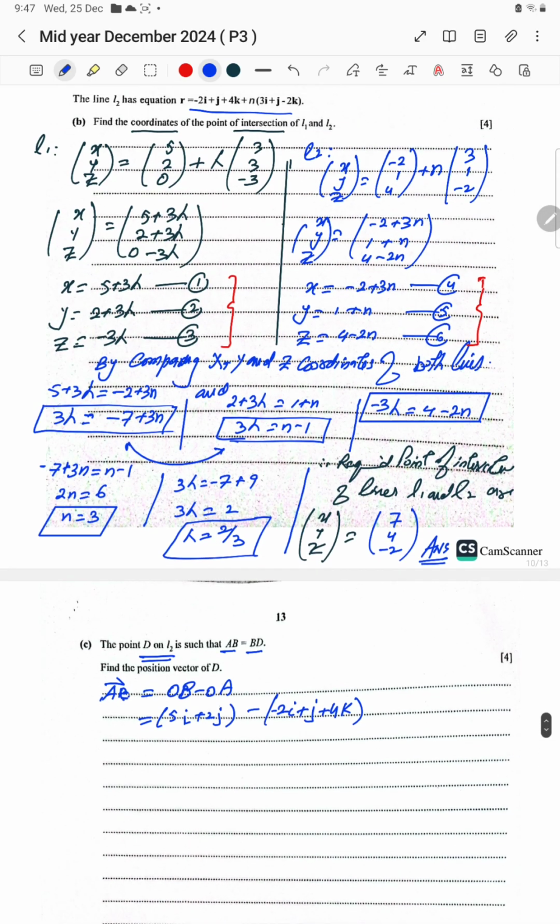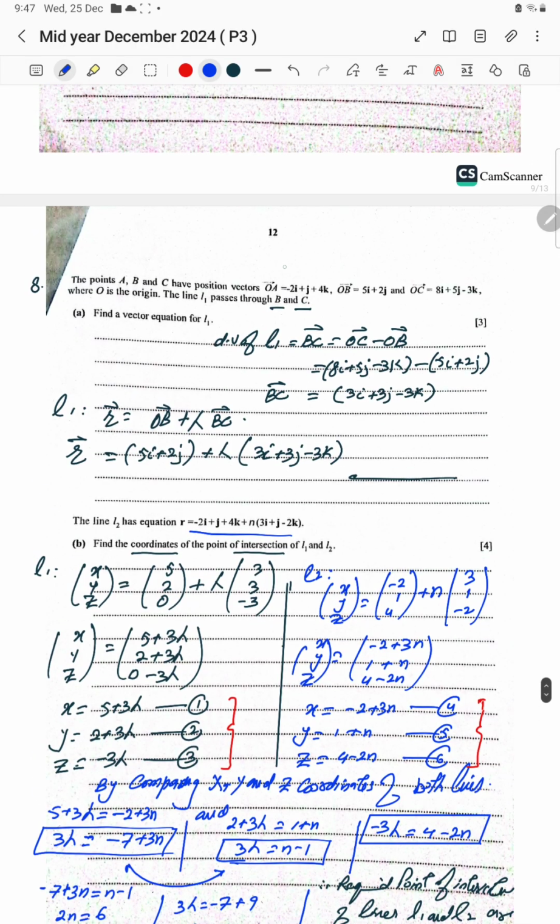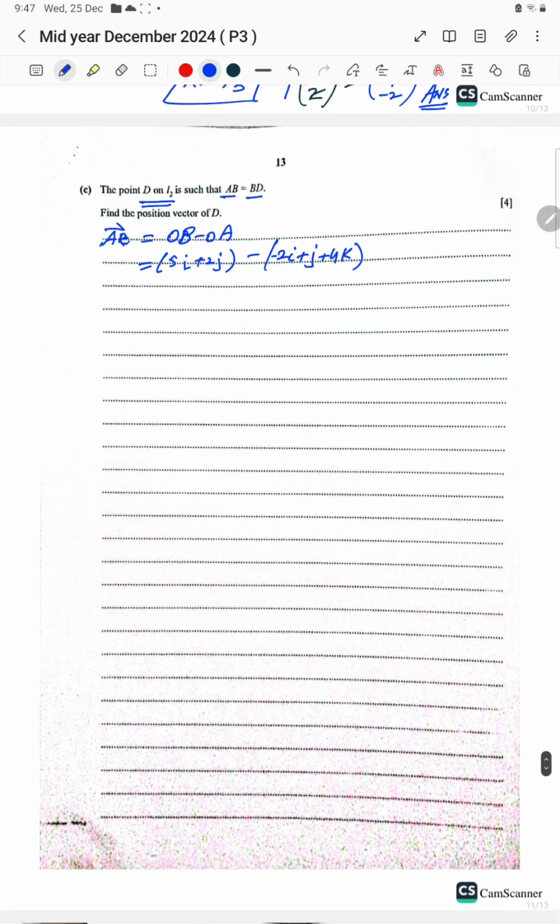This was given in the statement of the question. OA, OB and OC were given, so I wrote it from here. So we'll get 7I minus J minus 4K. This is the AB vector. So the magnitude of AB will be the square root of the sum of squares of the coordinates, 7 square plus minus 1 square plus minus 4 square. I will get 49 plus 16 plus 1, that will be 66.